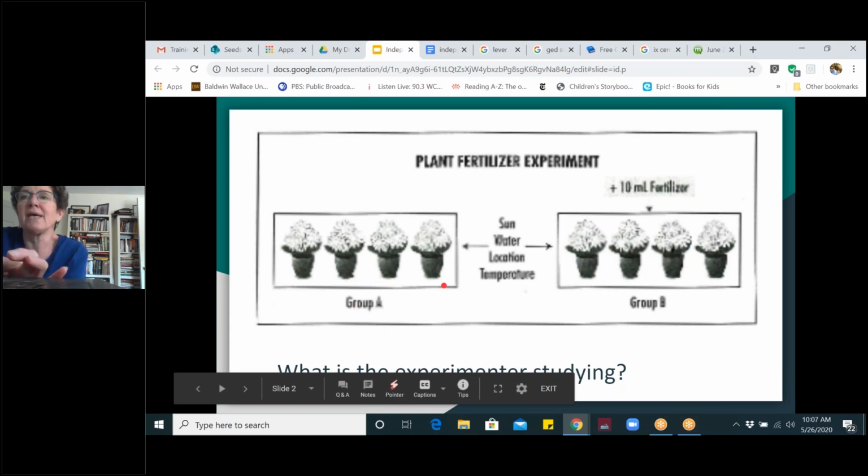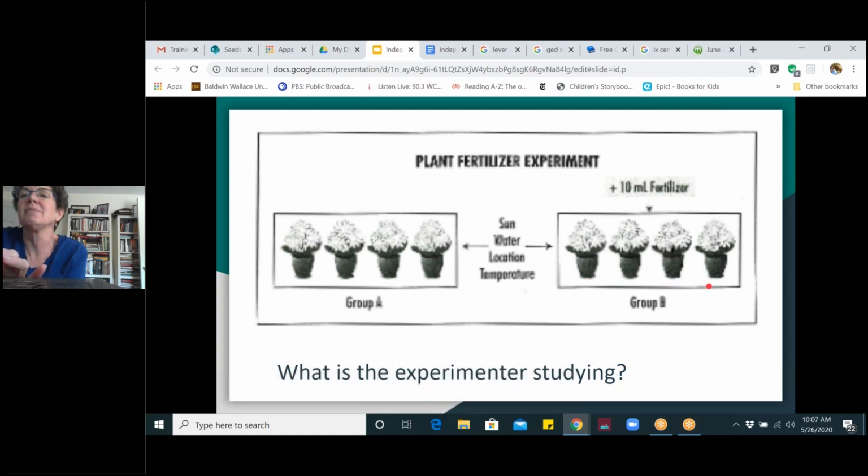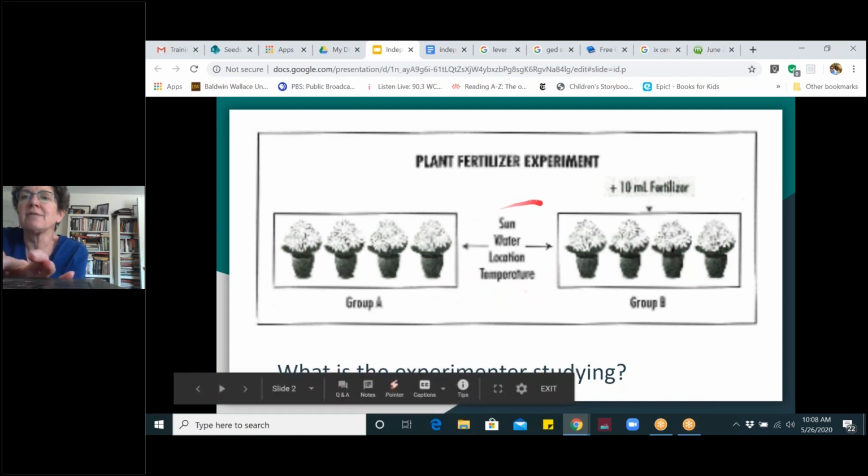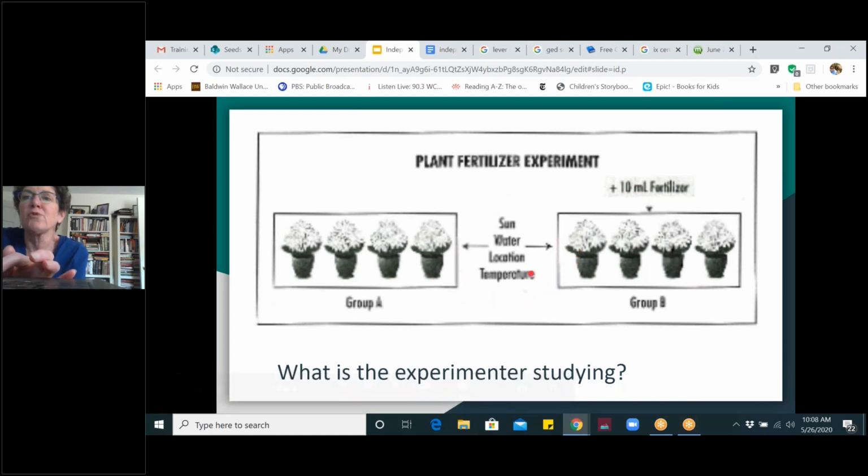Notice that the plants look exactly the same from group A to group B. This is telling me that both groups are going to get the same amount of sun, the same amount of water. They are in the same place, and their temperature is kept the same. So the experimenter is keeping everything the same except adding 10 milliliters of fertilizer to group B.